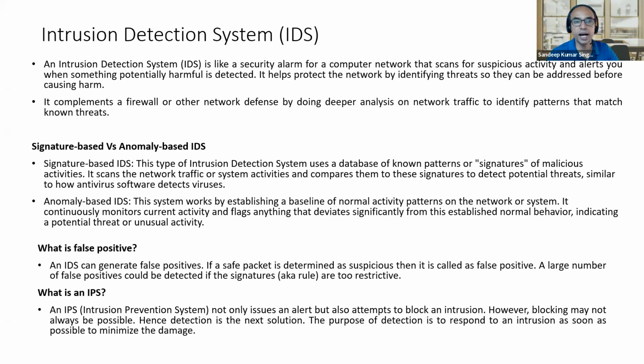So it complements a firewall or other network defenses by doing a deeper analysis on network traffic to identify patterns that match. Now, again, IDS is of two types. One is signature based and the other is anomaly based. Signature based is like a predefined rule: if you see these known signatures, based on that, you will be acting on it. Anomaly based works on a pattern, right? Based on a baseline that is defined, that this is all normal activity.